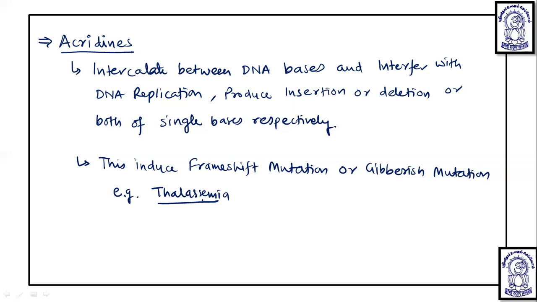Okay. Apart from this, the third mutating agent, which will affect only replicating DNA, is base analogs. If we talk about base analogs, which are inducing a mutation and are chemical mutagens, what are they? First, we need to understand.